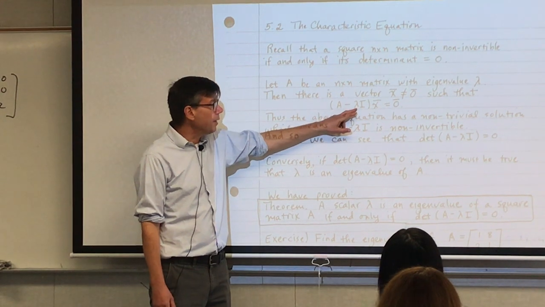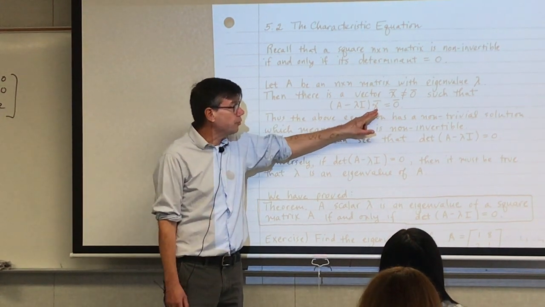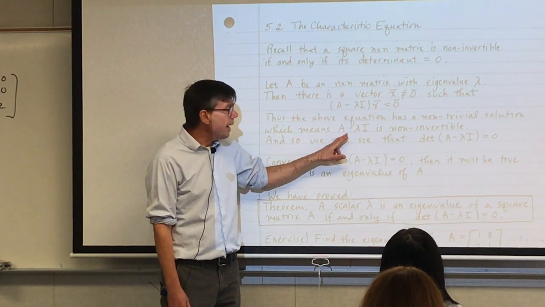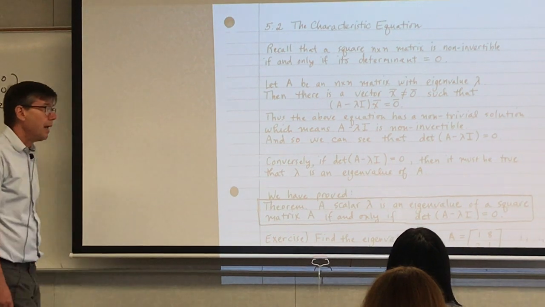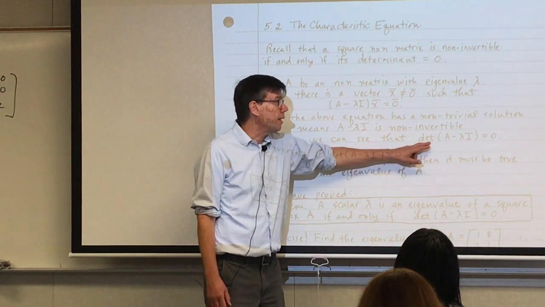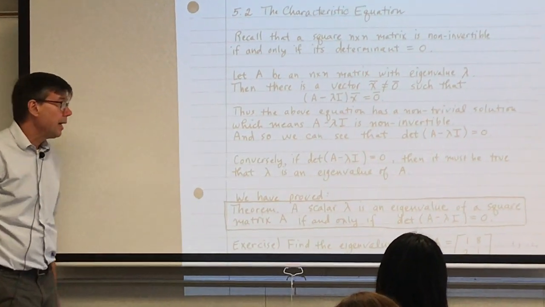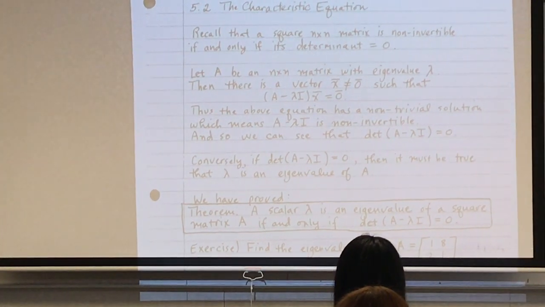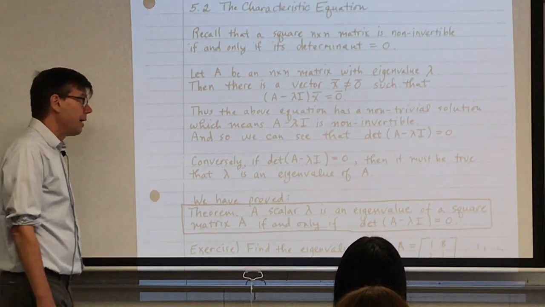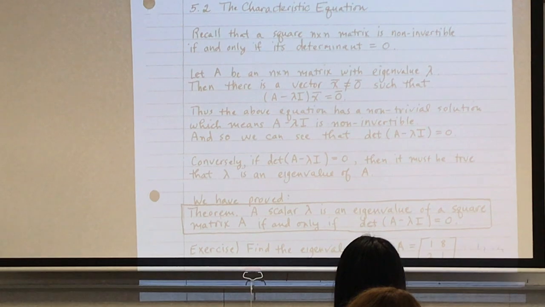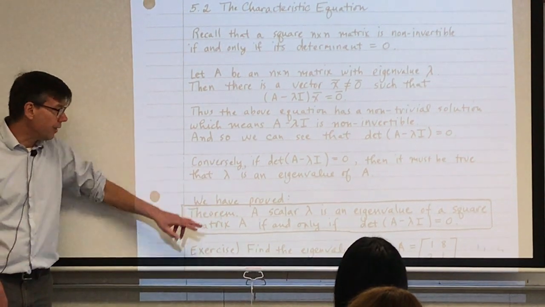If lambda is an eigenvalue, this equation has a non-trivial solution for x, so the matrix A minus lambda I has to be non-invertible, and so the determinant of A minus lambda I has to be 0. Conversely, if the determinant of A minus lambda I is 0, then A minus lambda I is non-invertible, so A minus lambda I x equals 0 has to have a non-trivial solution. And that means that lambda is an eigenvalue.